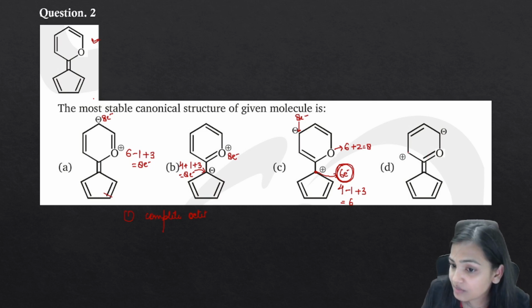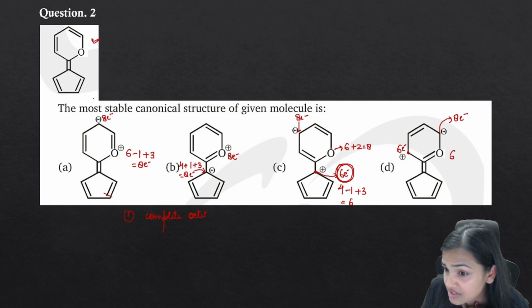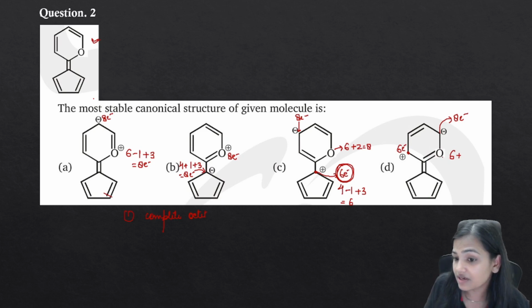So this is a carbon with a positive charge, again going to be a 6 electron species. Carbon with a negative charge is an 8 electron species. This oxygen, what we know is oxygen has 6 valence electrons, plus how many bonds is this oxygen forming? Let's have a look.